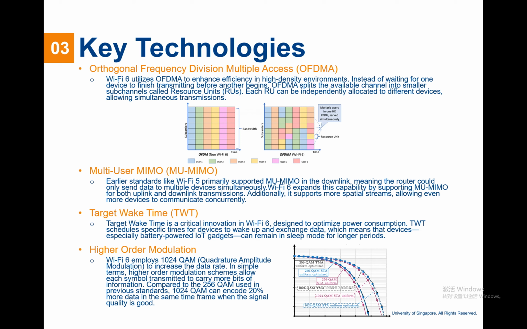In simple terms, higher order modulation schemes allow each symbol transmitted to carry more bits of information, compared to 256 QAM used in previous standards. 1024 QAM can encode 20% more data in the same time frame when the signal quality is good.